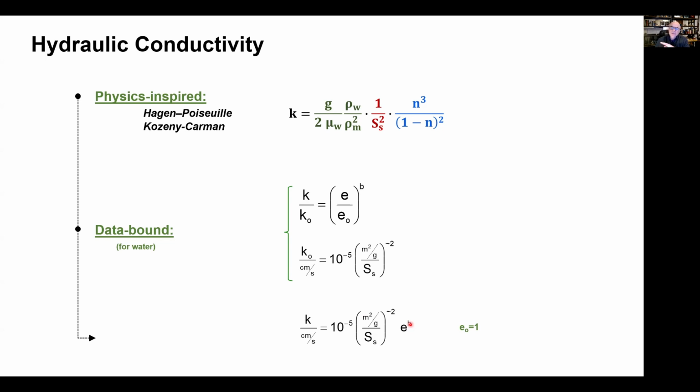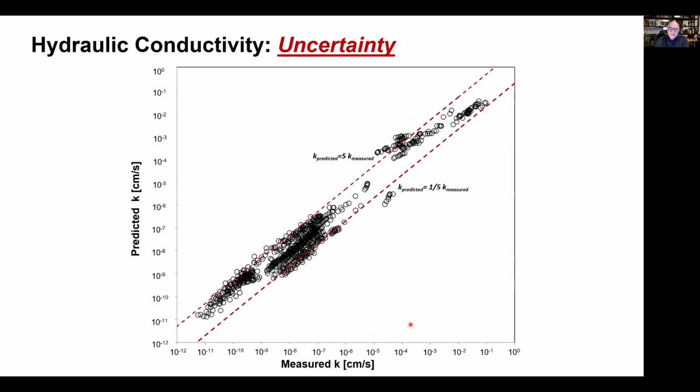Now, when we do that for all the soils, and we compare the predicted versus the measured permeabilities, we see that even though we have calibrated the model with experimental data, we still have an uncertainty of, could be 5 times larger, 5 times smaller, so 25 times. We have an uncertainty of 1.5 log scales.